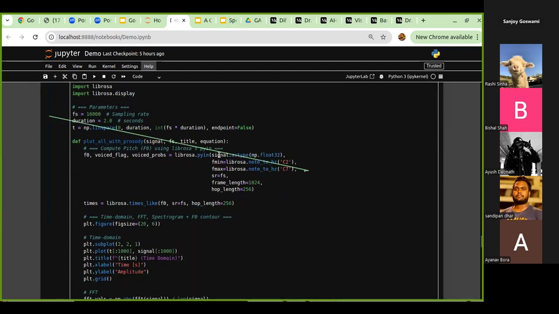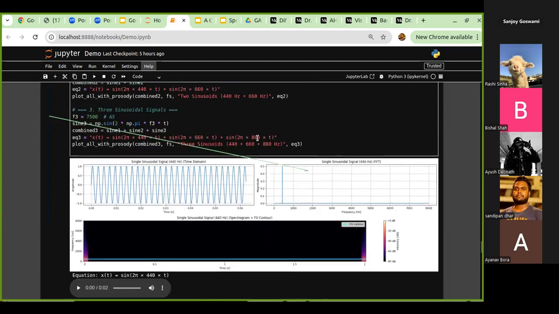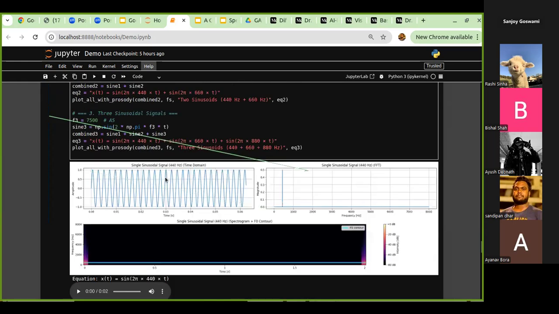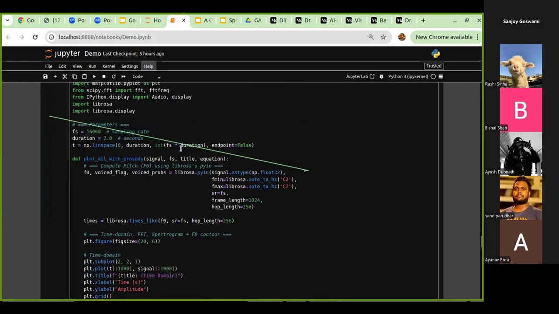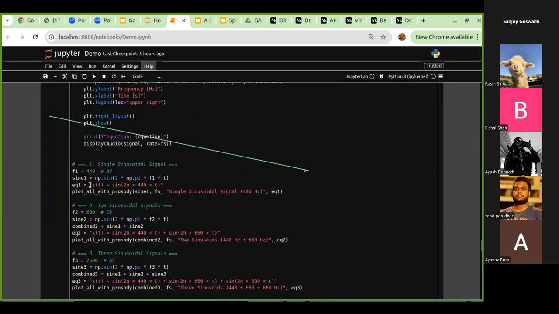Now, let me show you some other experiments with signals. Say for example, you have only one frequency, 440 hertz.